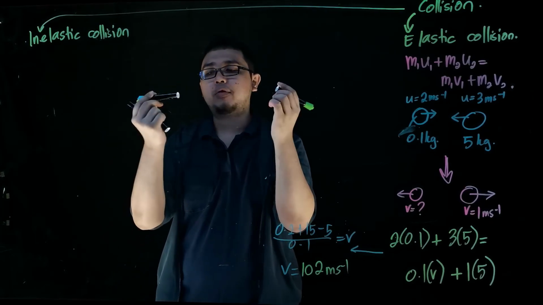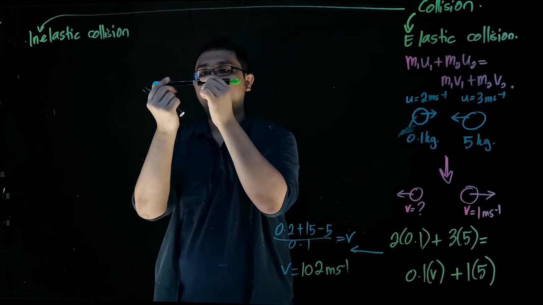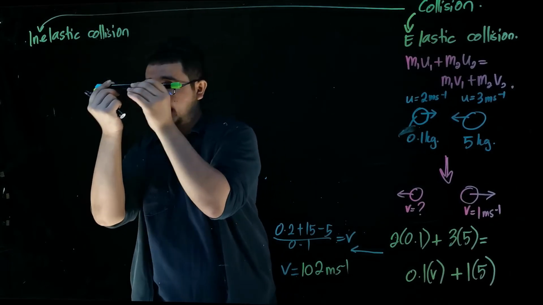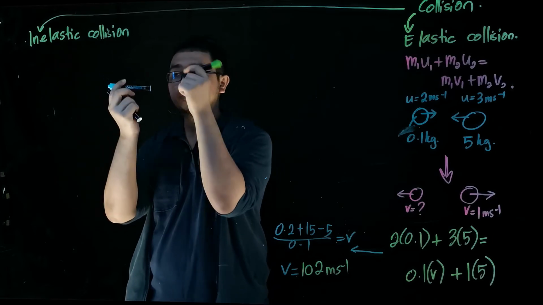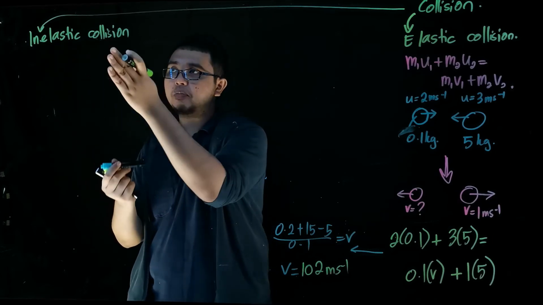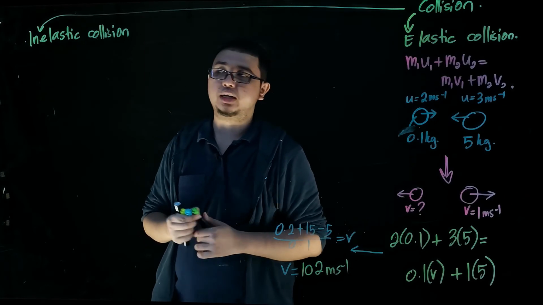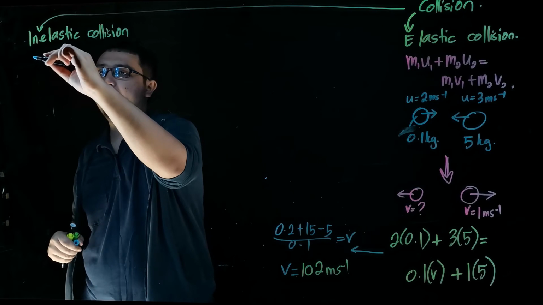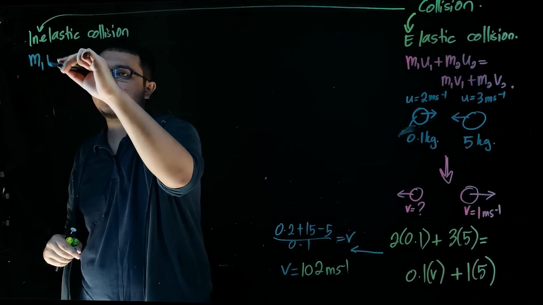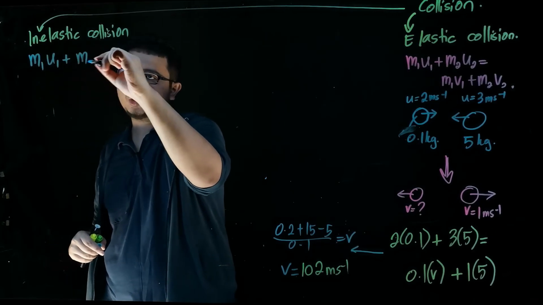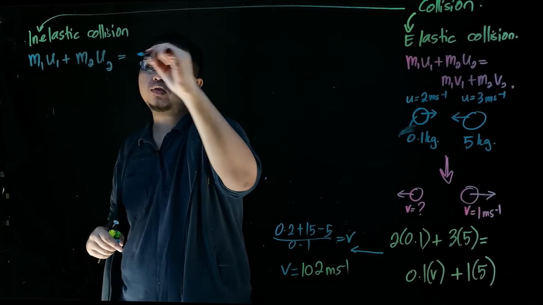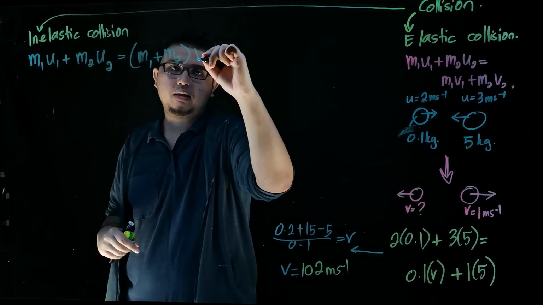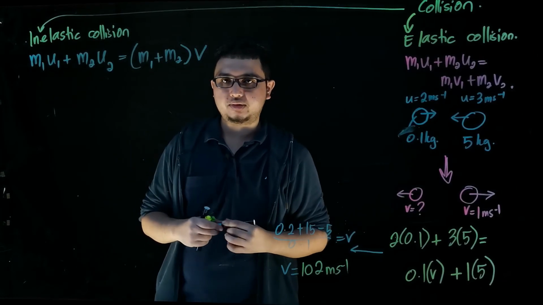Or they can also collide and both move in the same direction, but they don't combine. This one might move slower than the other. It is still considered an inelastic collision. So in inelastic collision, we use the formula m1u1 plus m2u2 equals the total mass of both objects multiplied by the final velocity.